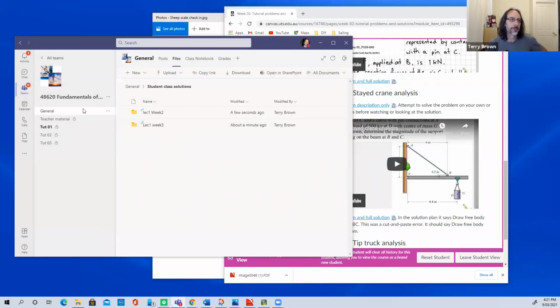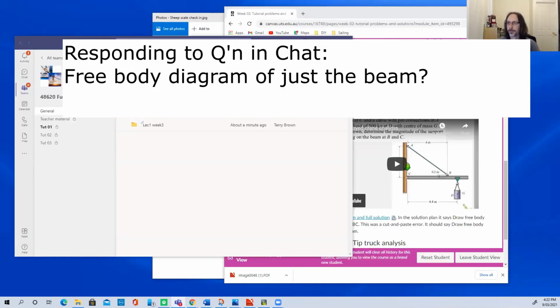When you've had a go at drawing the free body diagram, we can have a look at what you've got. When we talk about a free body diagram, that first word, free, means that it's free of its connections to other things.